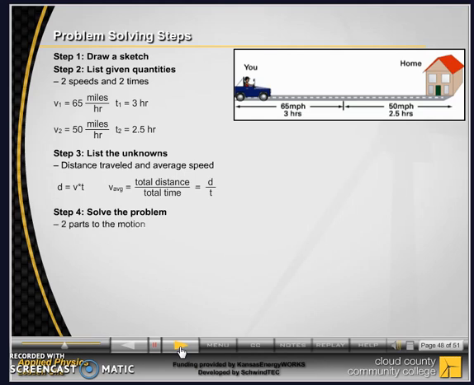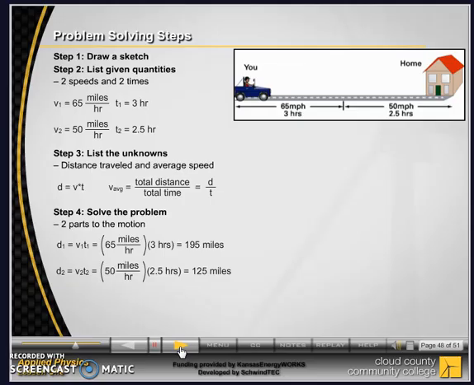Since there are 2 parts to the motion, the first part of the problem will need 2 steps to solve. For the first part of the motion, 65 miles per hour times 3 hours equals 195 miles. For the second part of the motion, 50 miles per hour times 2.5 hours equals 125 miles.